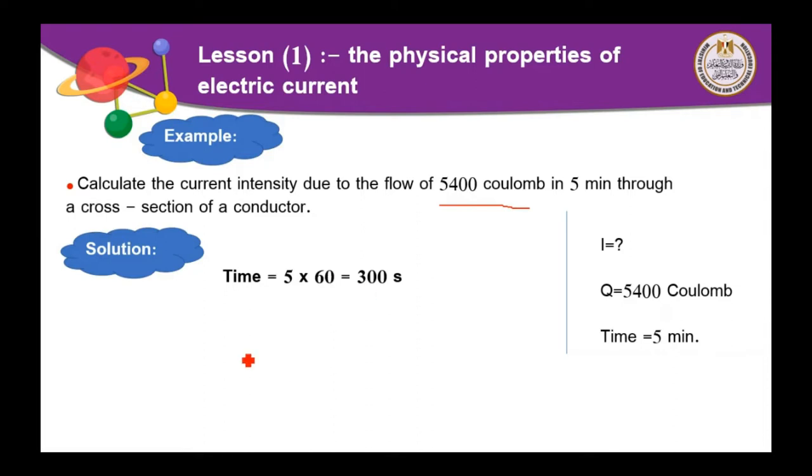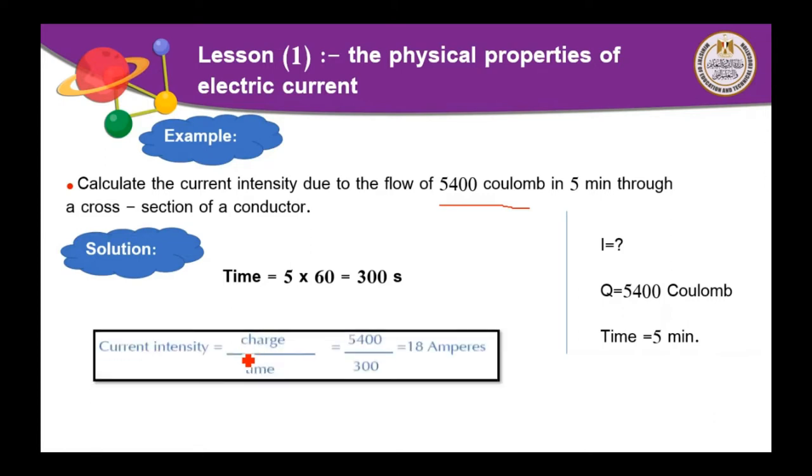Second step of this problem, we write the law. Electric current intensity equal quantity of charges over time. Quantity of charges equal 5,400. Time taken by electric charges equal 300.